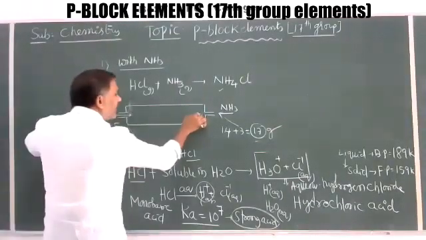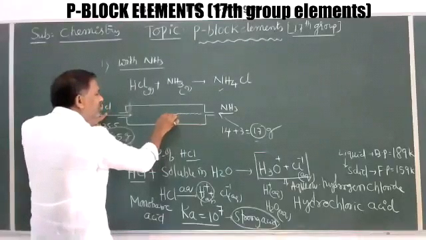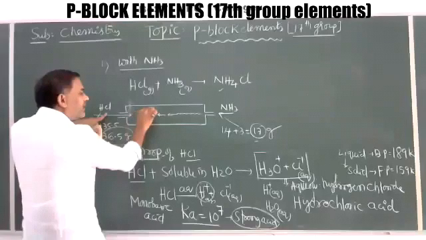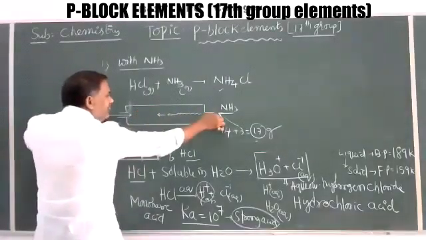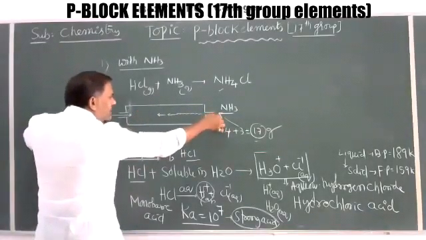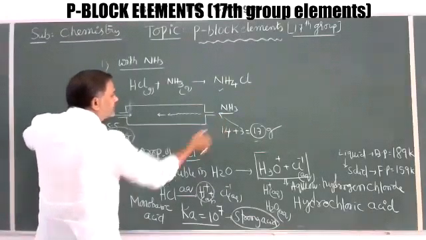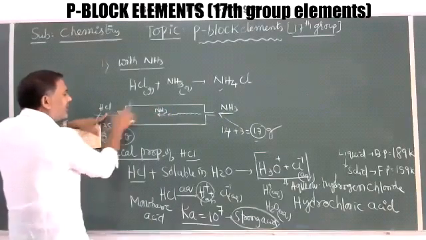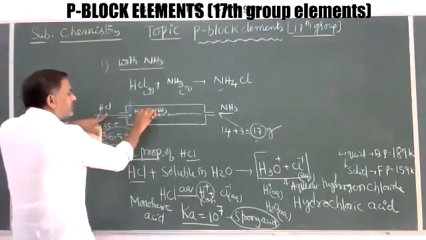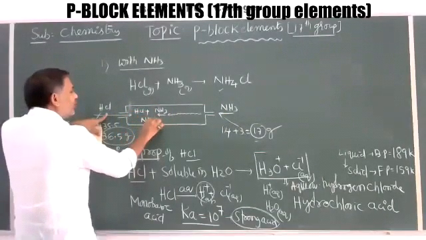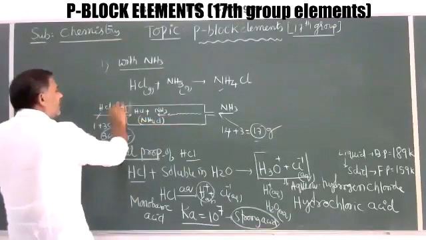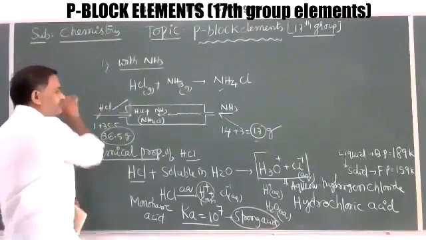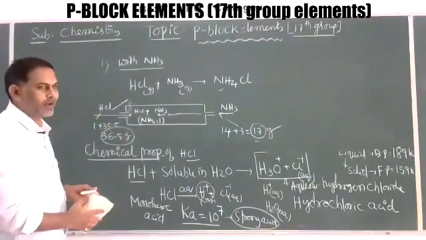So ammonia readily vaporizes, moves very fast and comes nearer to the hydrogen chloride. With its lower molecular mass it vaporizes easily. Then NH3 reacts with HCl gas and forms ammonium chloride near the hydrogen chloride end. This is the answer. Very important reaction.